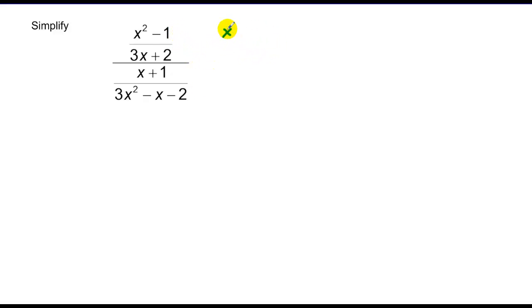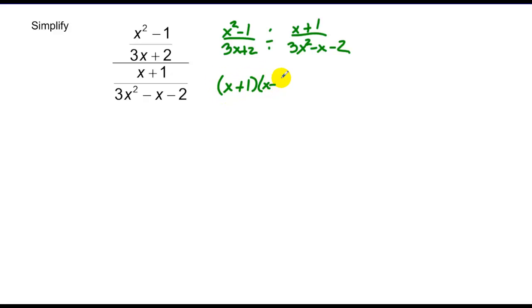So this is really x squared minus 1 over 3x plus 2 divided by x plus 1 over 3x squared minus x minus 2, which is what we've been doing all along. So I'm just going to multiply by the reciprocal. The top is a difference of squares.